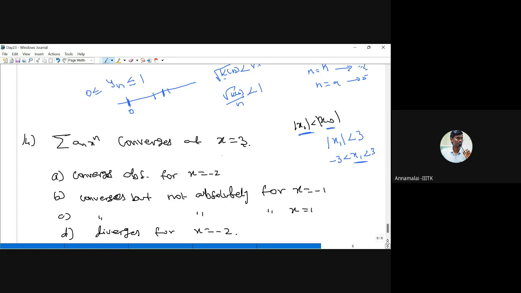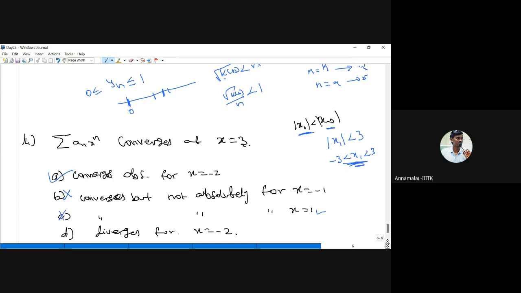Now look at the first option: converges absolutely for x equal to -2, because -2 lies between -3 and 3, therefore this is correct. The second option says converges but not absolutely for x equal to -1. Since -1 lies in this interval, the series converges absolutely, therefore this is false. The third option is about x equal to 1, which also lies in this interval, so it is absolutely convergent, but the option says not absolutely, therefore this is also false.